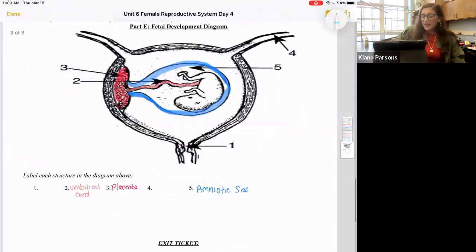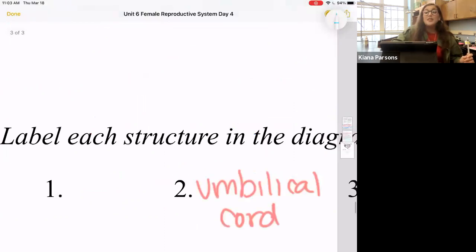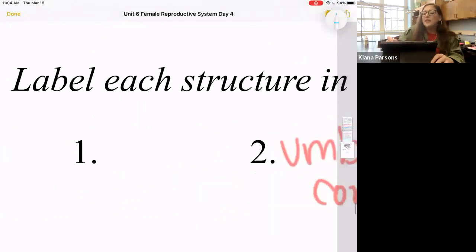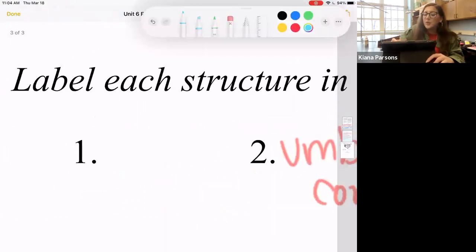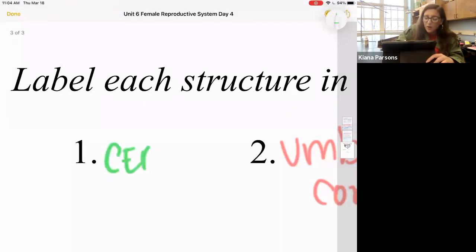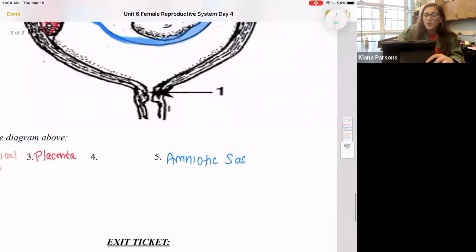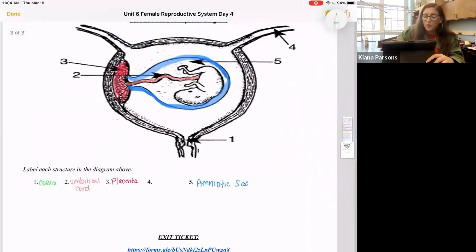All right, now lastly, we're going to finish labeling this diagram. So structure number 1, that is the cervix, which is what dilates when a woman is about to give birth. So we've really looked at the cervix already just as the sort of door between the birth canal or vagina and the uterus.